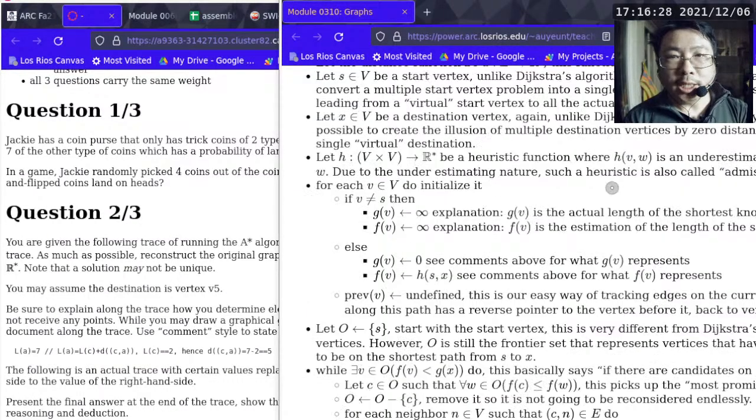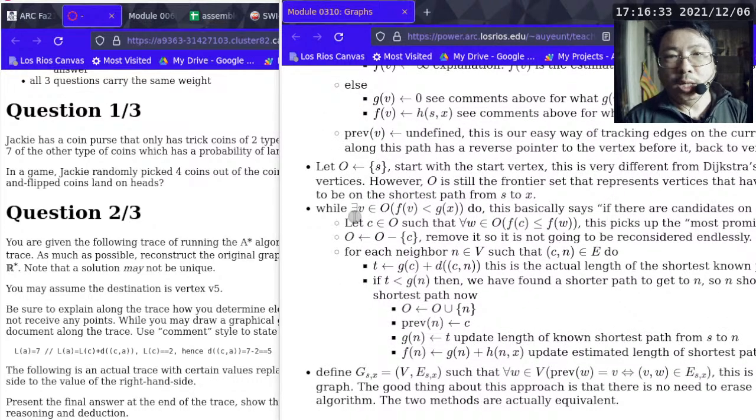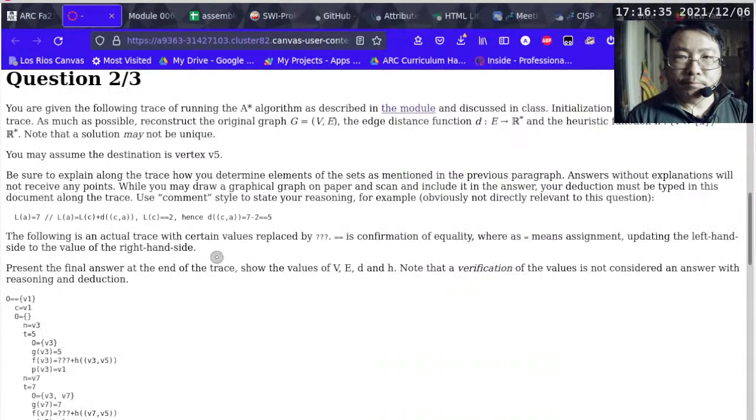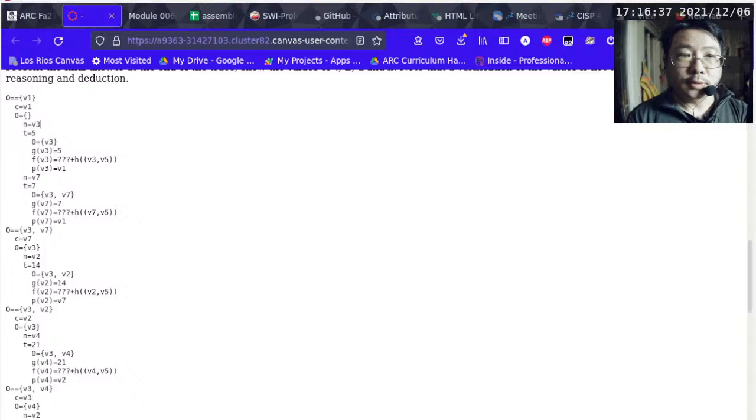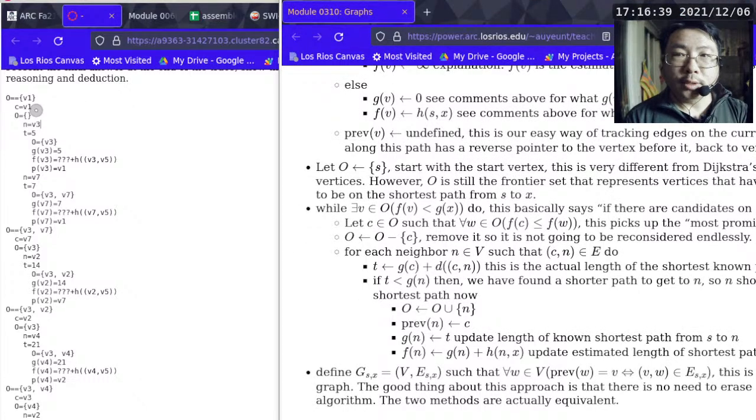The indentation matches what we are doing inside the while loop here. So let me scroll to a portion in this code. Once we have chosen C, the code to choose a value for local variable C is right here. This is how we choose a particular vertex and put the identity of the vertex into variable C. And then for each neighbor n in V such that Cn is in E, do the following.